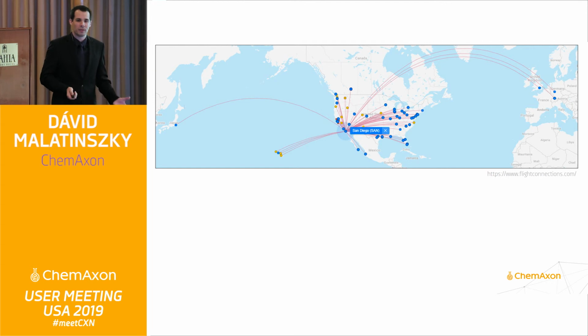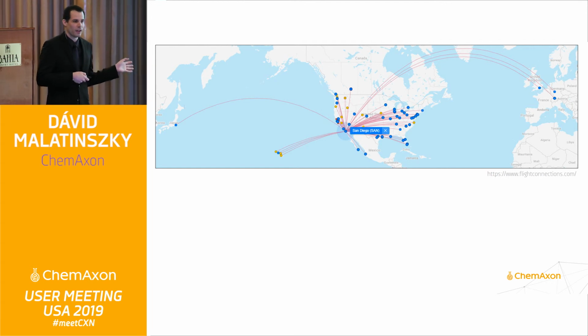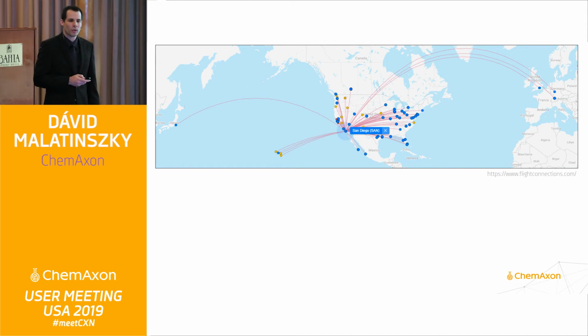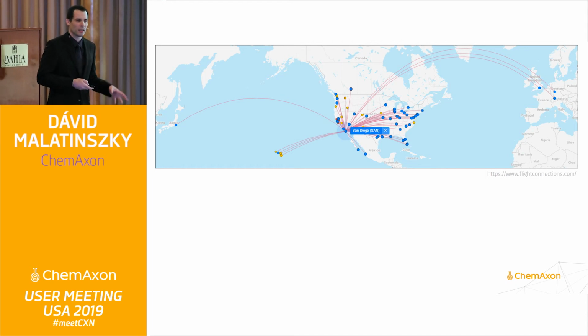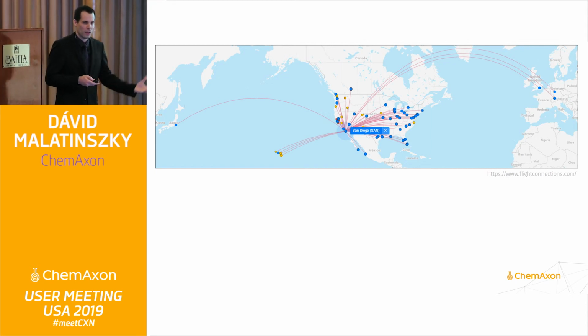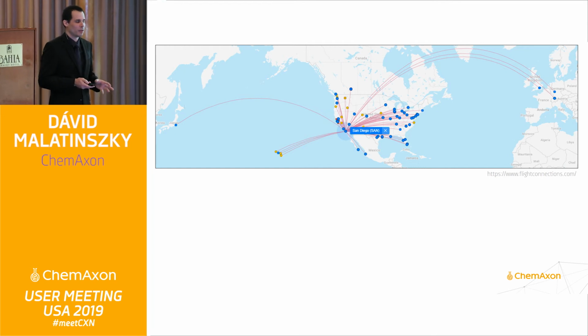This was my last meaningful figure, just an interesting idea at the end, or interesting use case. Here you see all the direct flights from San Diego to different countries. And so one could also use the same technique we used for checking the number of controlled compounds and how they are distributed to countries.